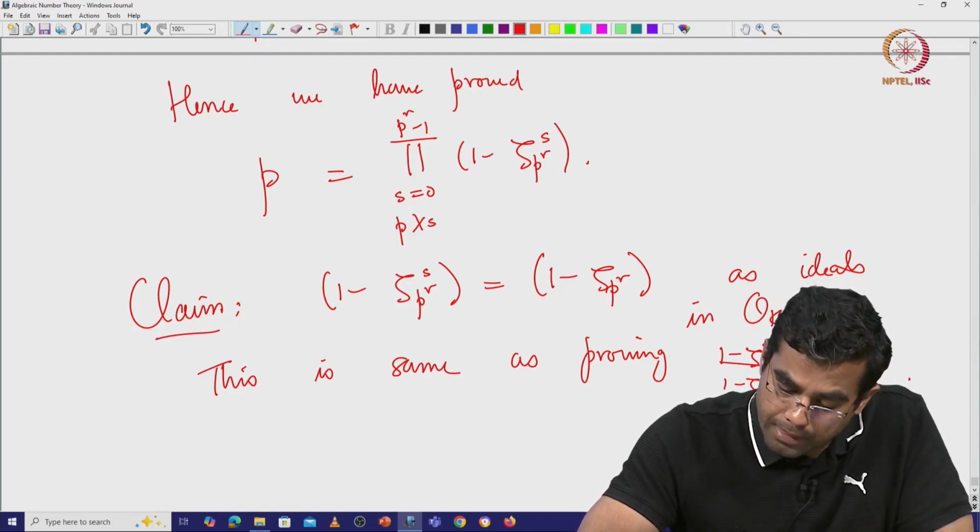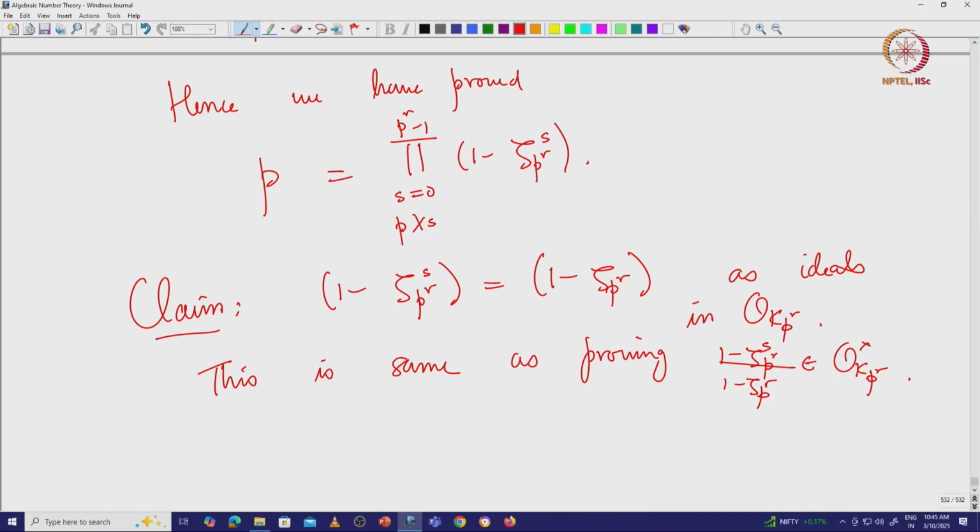Okay. How do I show this? Well, I show that this as well as its inverse are both inside O_K(p^r).